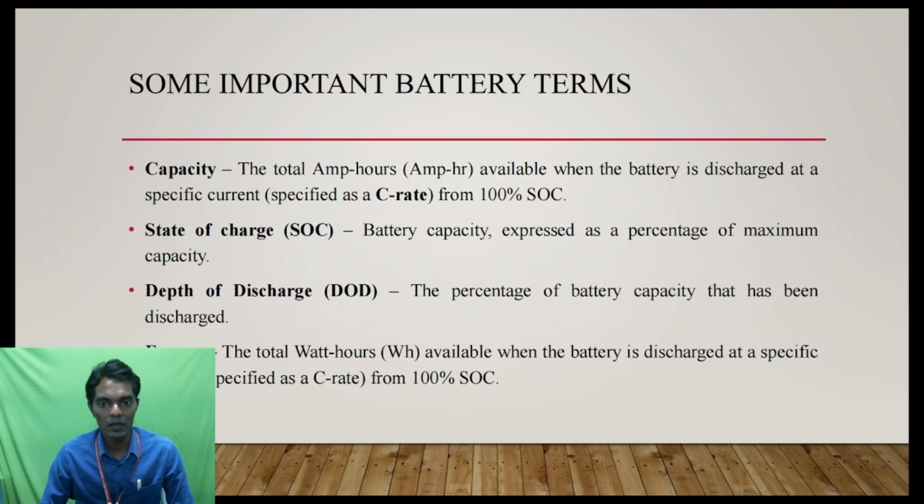What is state of charge? Battery capacity expressed as a percentage of maximum capacity. The state of charge is the battery capacity available after being used for some time, not the rated value.